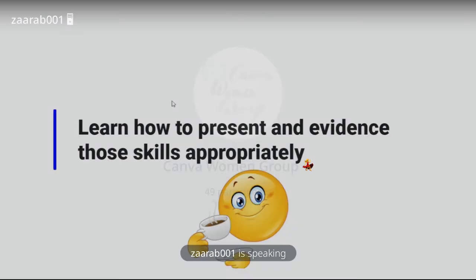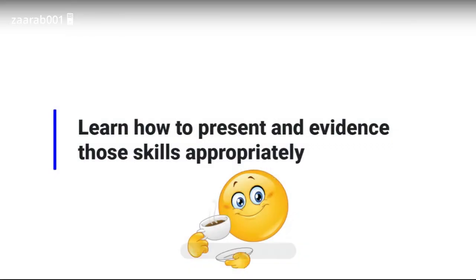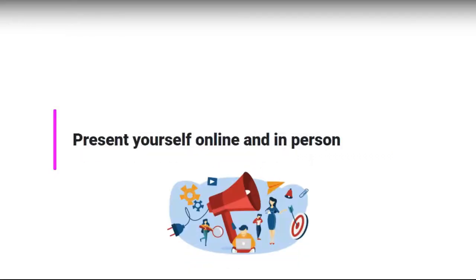I hope you are following, please. So this is one of the most important things: present yourself online and in-line, right? The first thing you have to do after winning the scholarship is to post on the social platform that hey, I've actually won a scholarship, and you don't know who is watching you. You don't know who is watching you.